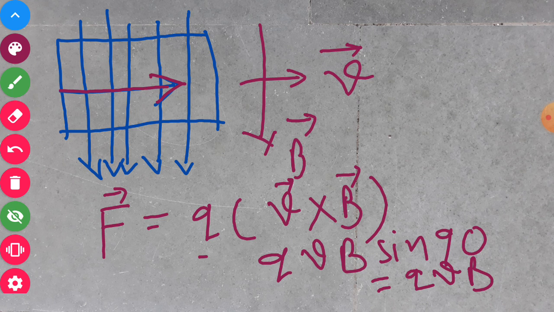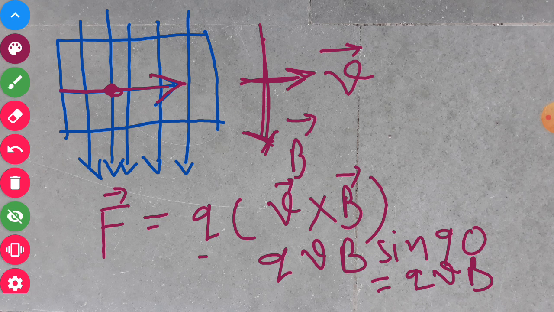Now try to understand this: a cross product is there, of the velocity vector and the magnetic field vector. So the force is perpendicular to this velocity as well as this magnetic field. If you take the right hand screw rule, say for example here the electron is, experiencing the force according to V cross B, then the force is going inside the plane of the screen.